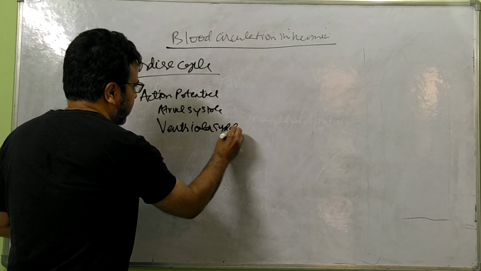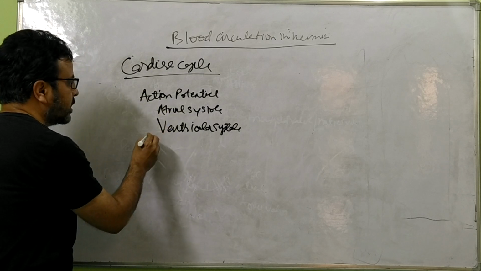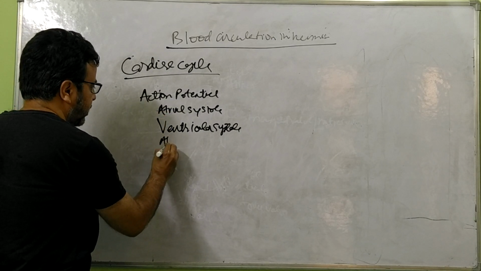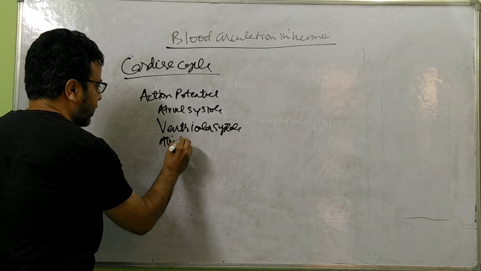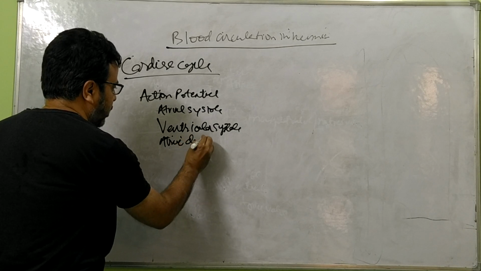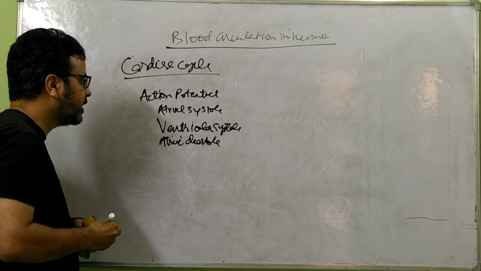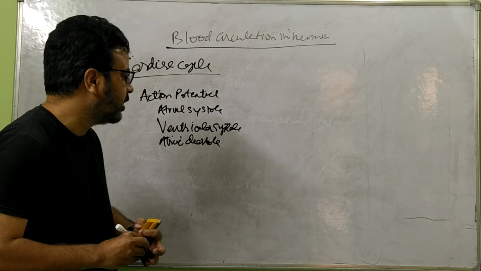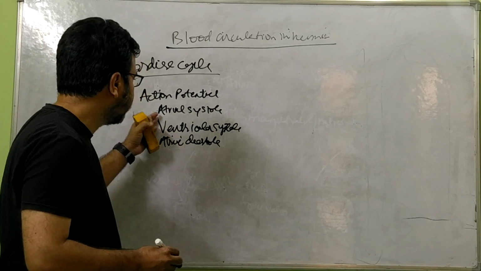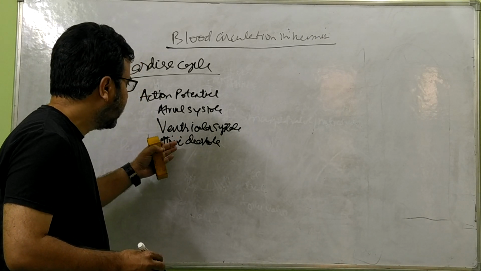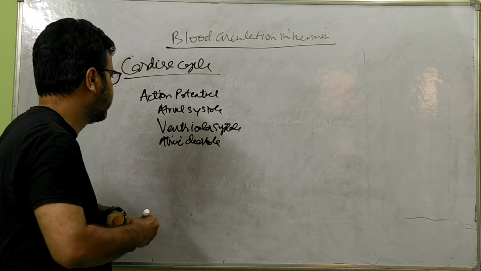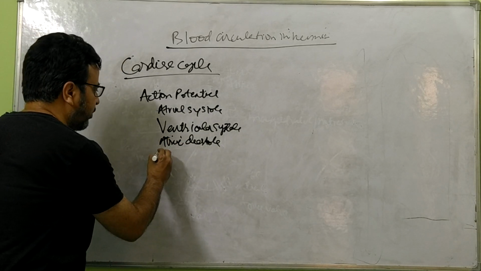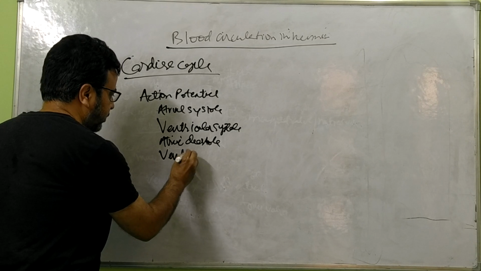This delayed ventricular systole leads to simultaneous atrial diastole. That means when there is a delay in ventricular systole, the atrium utilizes this delay in atrial diastole.